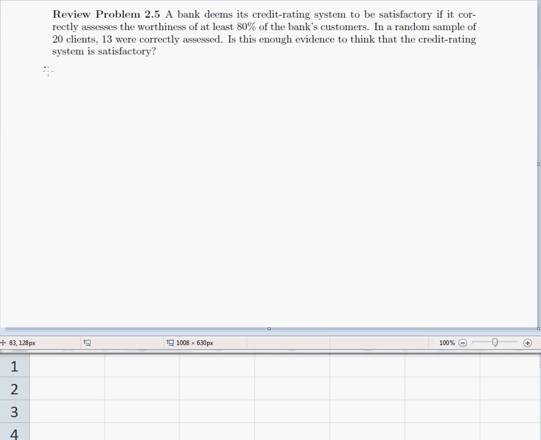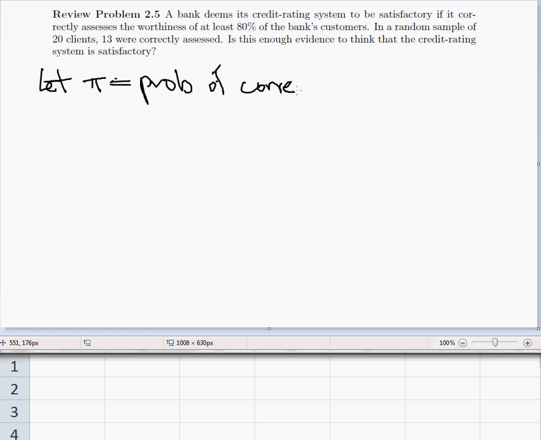So in this case, let pi be the probability of a correct assessment, whether the person is worthy of a loan or not worthy of a loan.